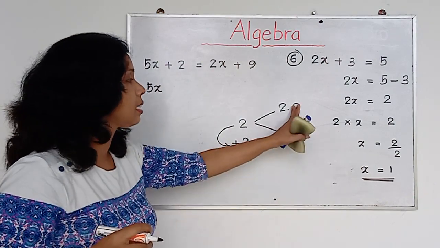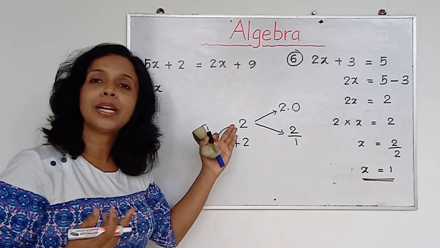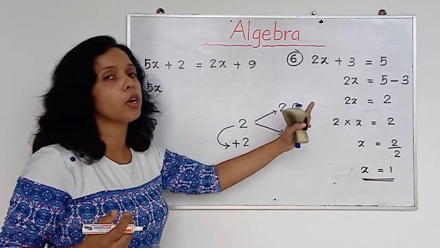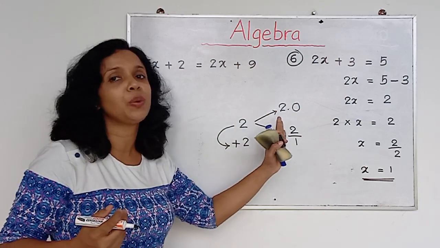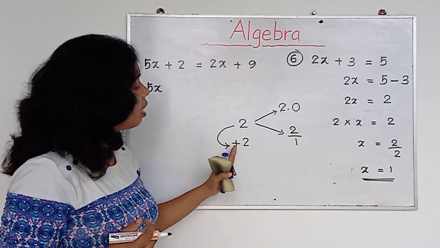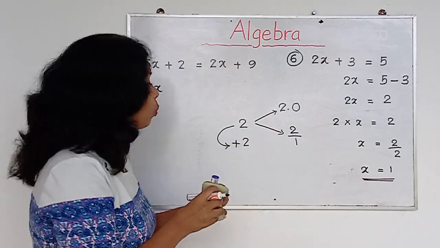All these three ways tell you what? It is the number 2, right? One way you can write it as a decimal, 2.0. As a fraction you can write 2 over 1. And here I have written it with the sign, that is plus 2.